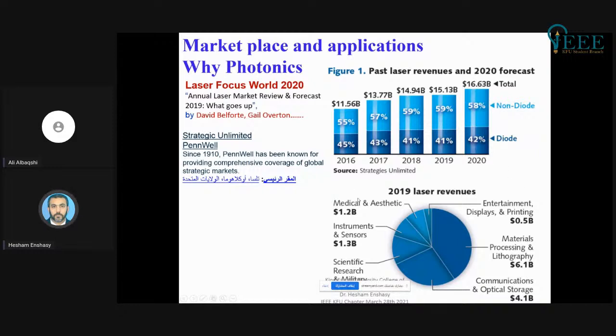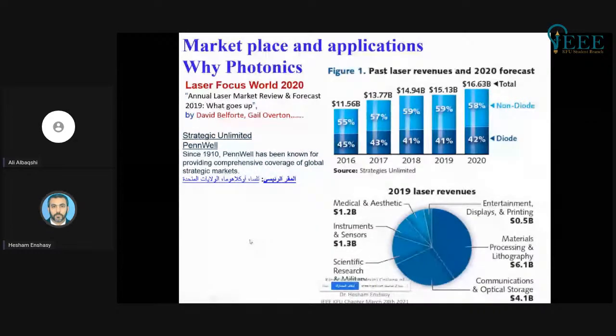The sectors for this technology, you can see in different areas here: medical applications, entertainment, displays, printing, material processing and lithography, optical communication and optical storage for things like hard drives, scientific research and military. All of these are the sectors that people invest in this technology.